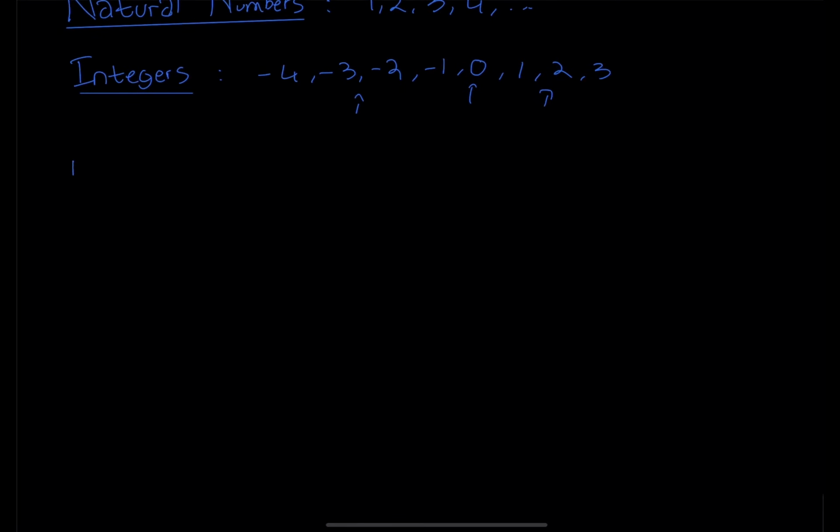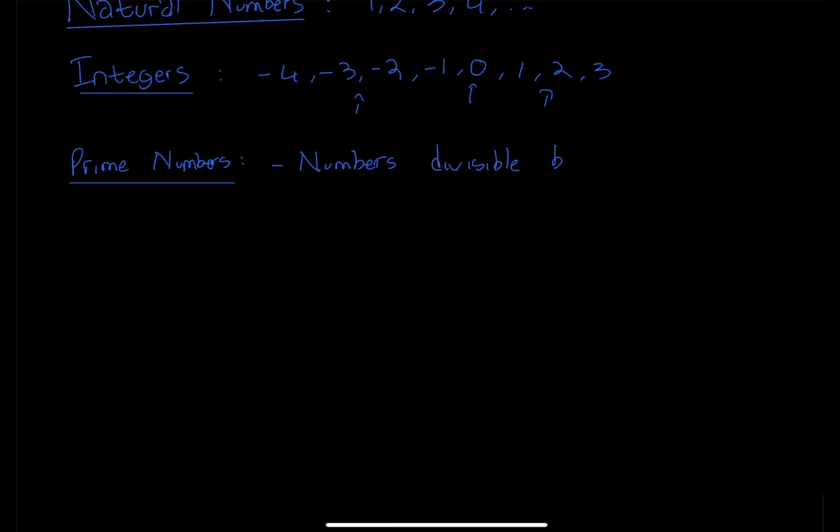Then you get something called prime numbers. Prime numbers are basically numbers that are divisible by 1 and itself. What does that mean? Let's look at some examples.